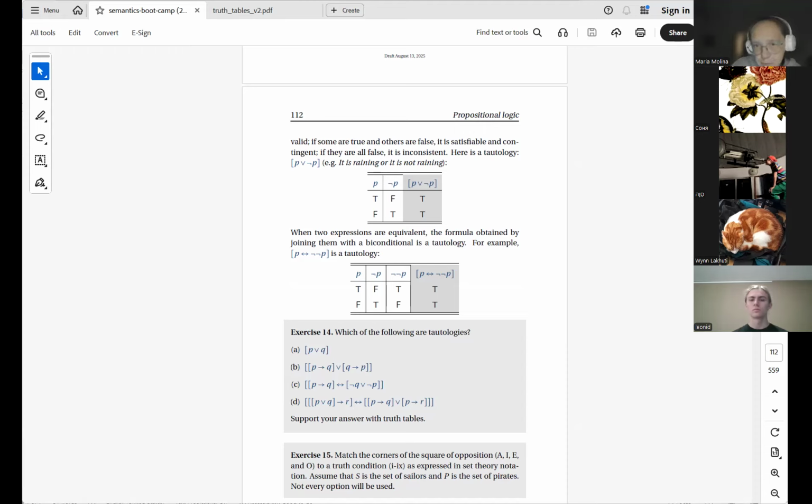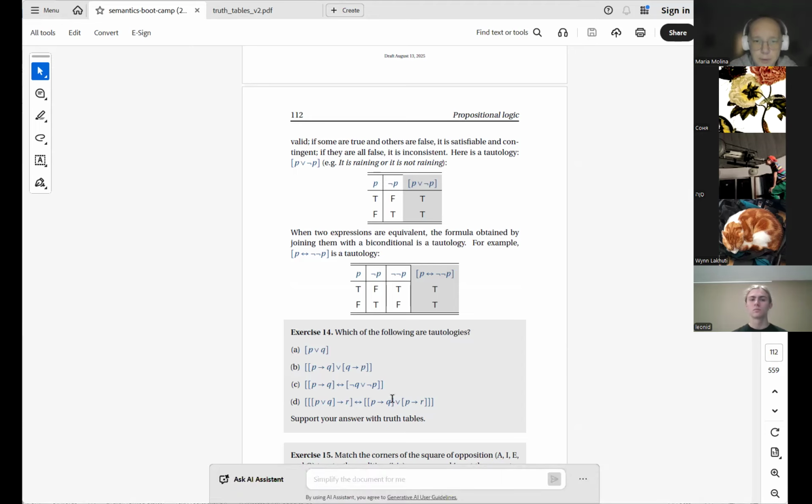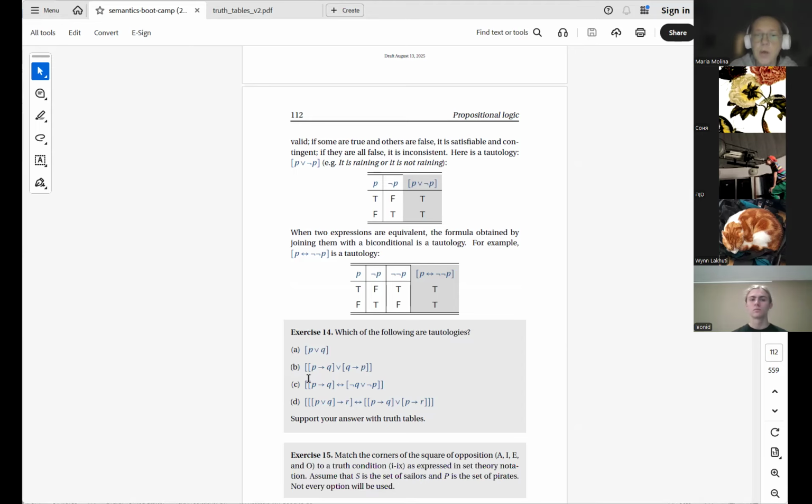And also if P to Q gives us false, if and only if gives us false, because one of the formulas is false. So we've got false values over here. See? It's not a tautology.